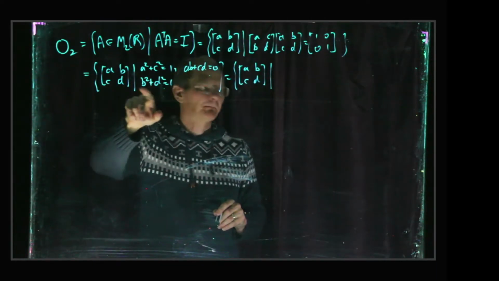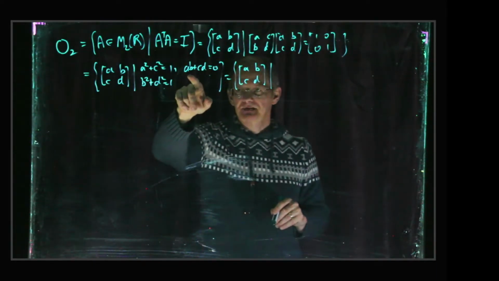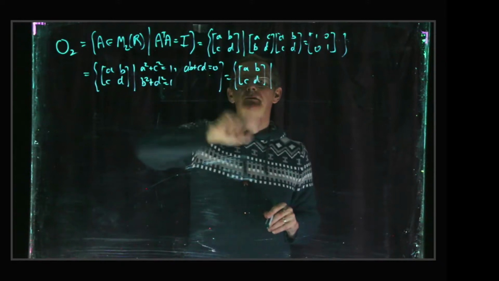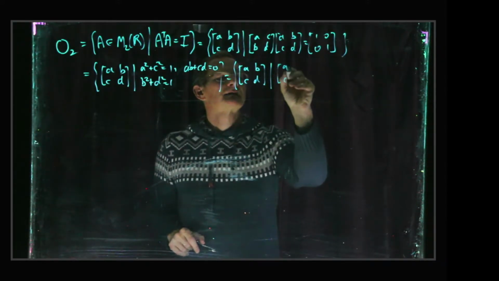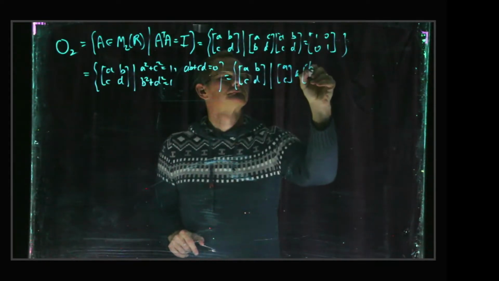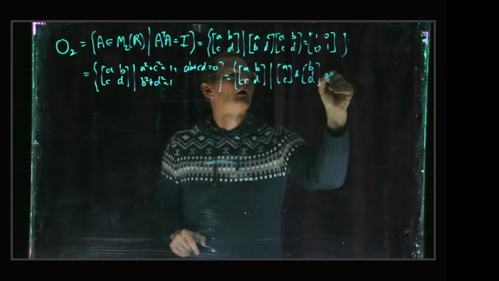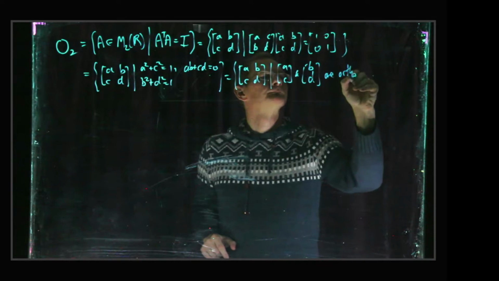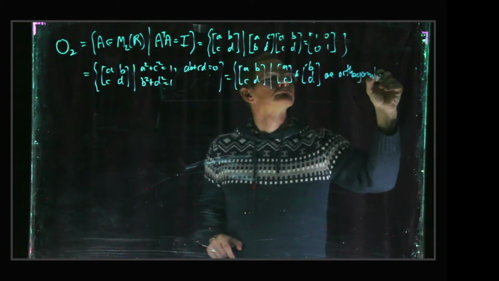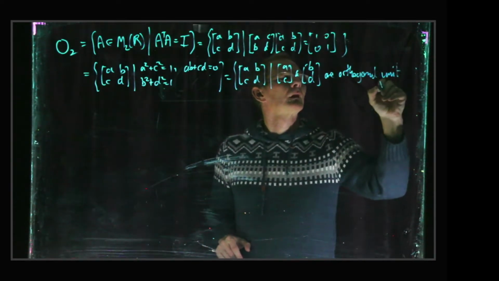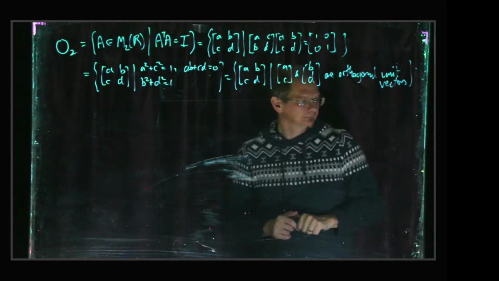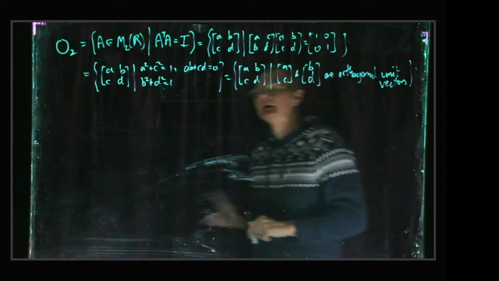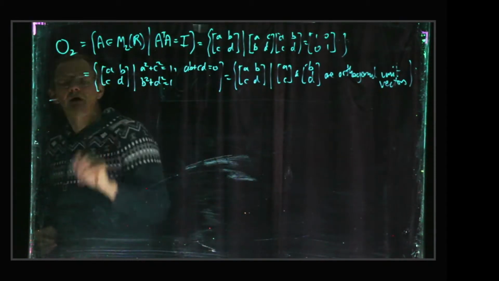This is saying that BD is a unit vector. This is saying that AC and BD are perpendicular to each other. And so AC and BD are orthogonal unit vectors. Okay, so that's how we can unwind the definition of O2.